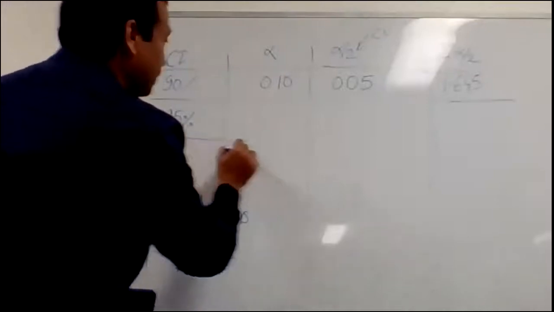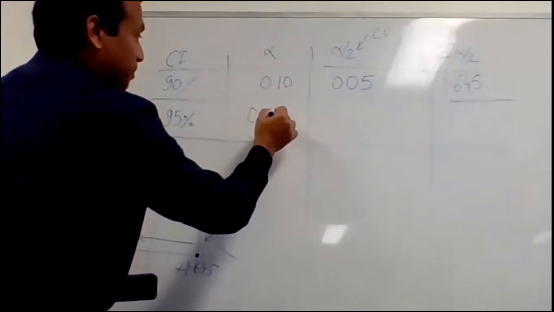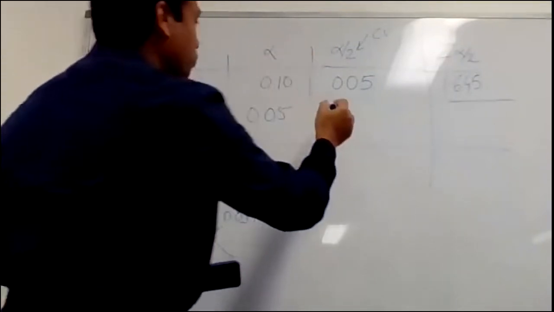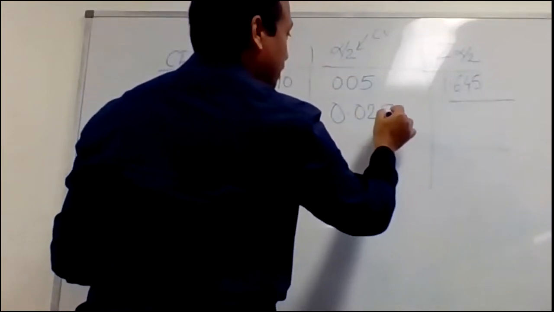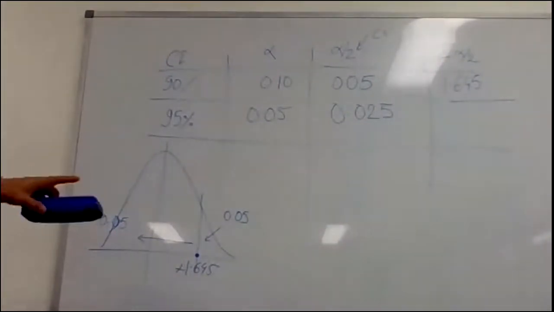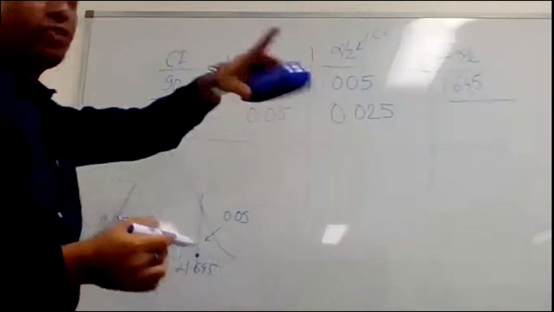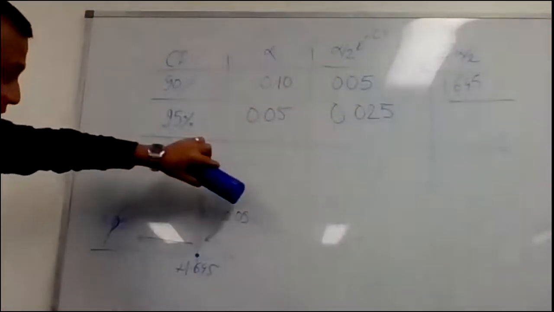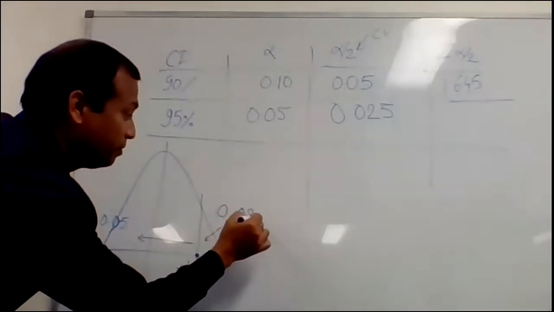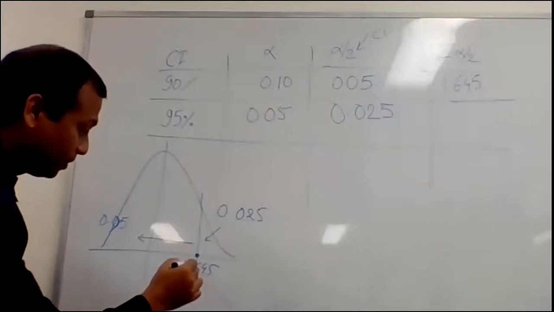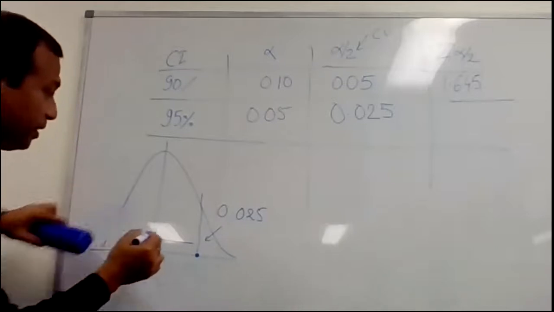If you do the same thing for 95%, the alpha value will be 0.05 and alpha by 2 will be 0.025. In that case, you need to find the Z alpha by 2 value in your Z table. In the second case, alpha by 2 is 0.025, and find the corresponding value here.